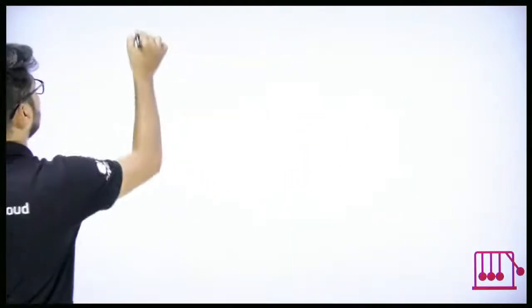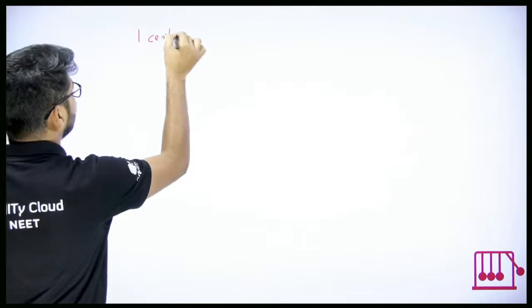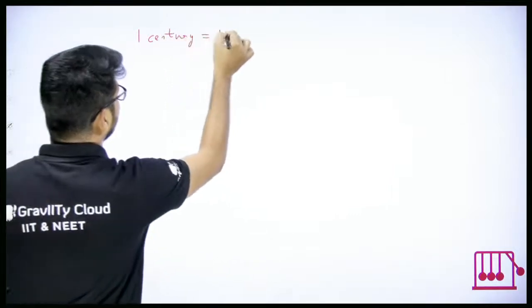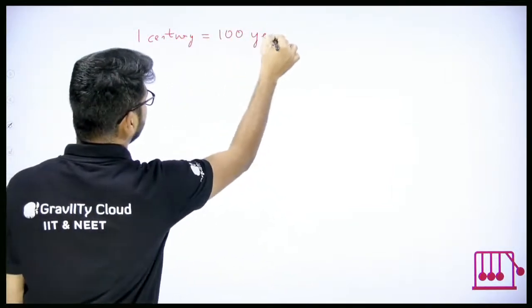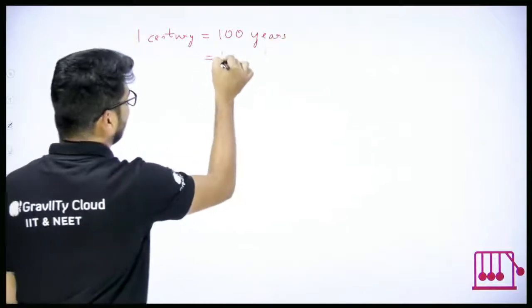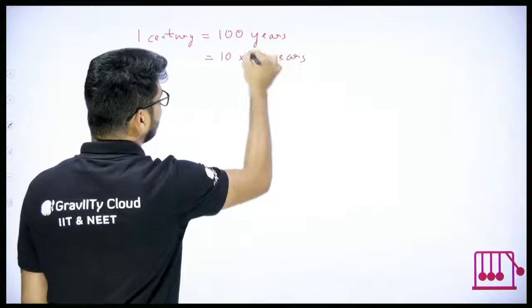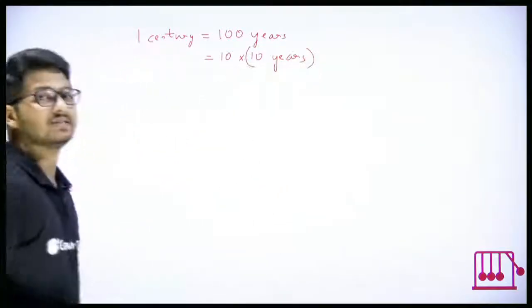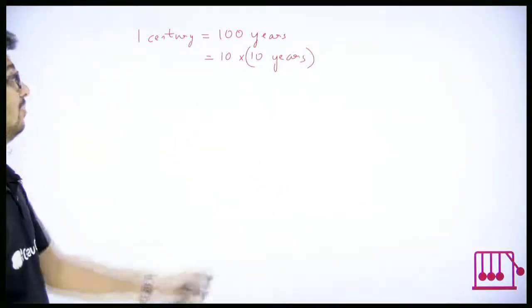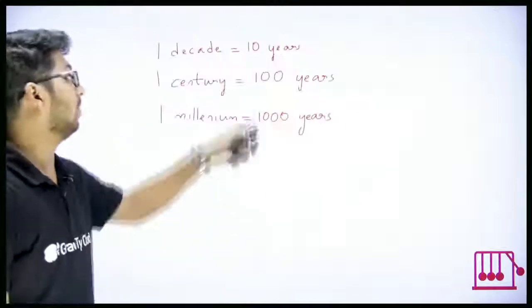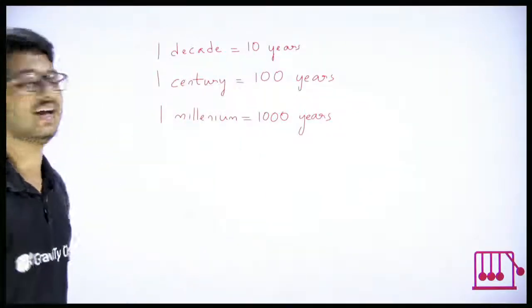Now if I go into this also, we have 1 century is equal to 100 years. Can I write this as 10 into 10 years? Because what is 10 into 10? 10 into 10 is 100. But what is 10 years equal to? 1 decade.